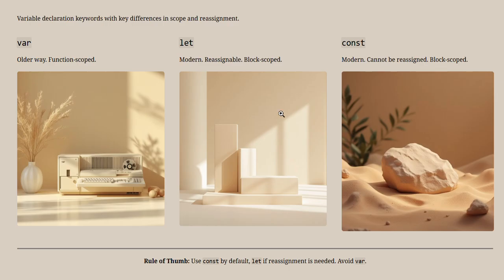These are the differences. We can use the rule of thumb: use const by default, and let if reassignment is needed. In this course we mostly use const and let in some places, and we rarely use var.